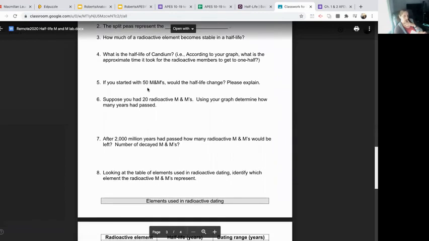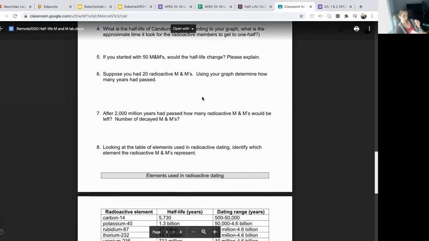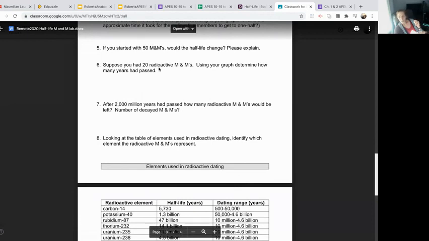Then, if you started with 50, would the half-life change? Meaning instead of 100 or 50 or 20, does it matter what you start with? Explain your answer on that one. Then it says to work backwards. Use your graph. If you had 20 radioactive M&Ms, how many years have passed? So work backwards like the guy in the video showed you.